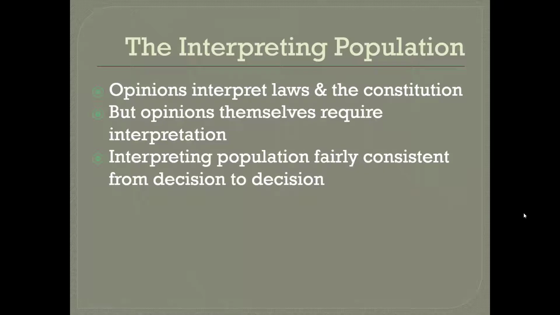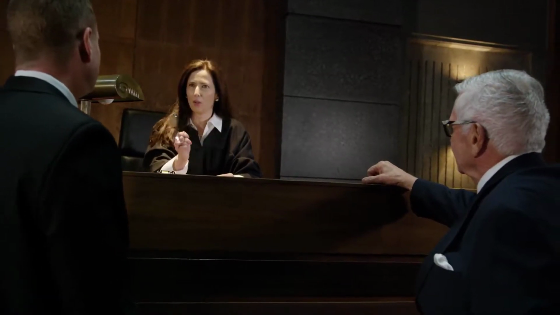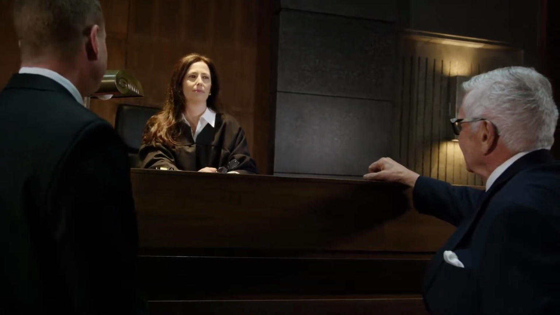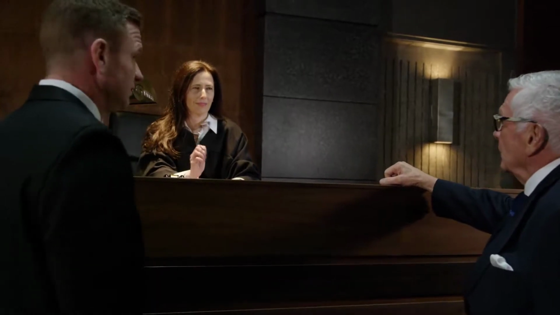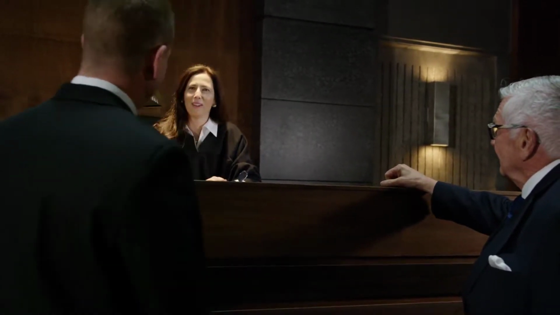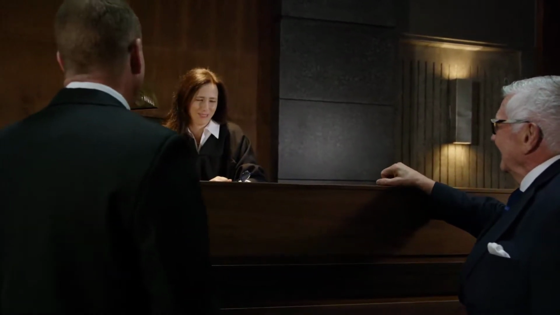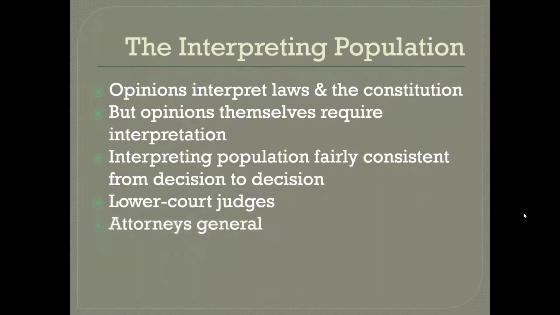So who is it out there whose job it is to interpret what the Supreme Court has said? Well, one group of individuals who are part of the interpreting population is, of course, lower court judges. Lower court judges decide new cases that rely on Supreme Court precedents, and when they decide those cases, they are interpreting those Supreme Court precedents.